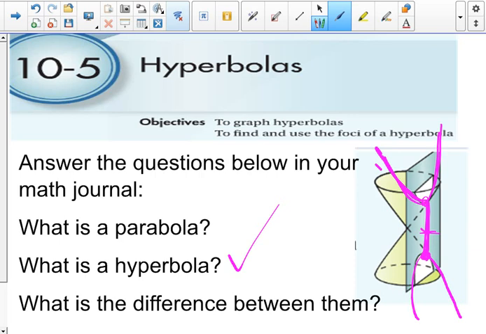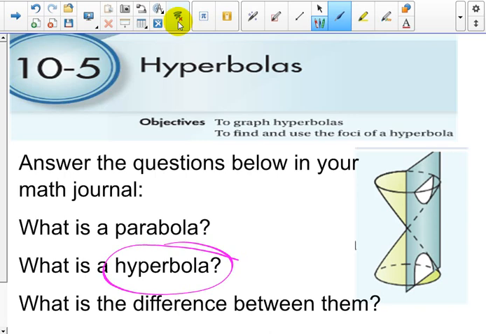And if we learn some other things, like how wide are these areas, what kind of slopes do these angles have, we can learn to graph them quickly. So the difference between them, there's 2 of them, right? And so today we're going to focus on the hyperbola.